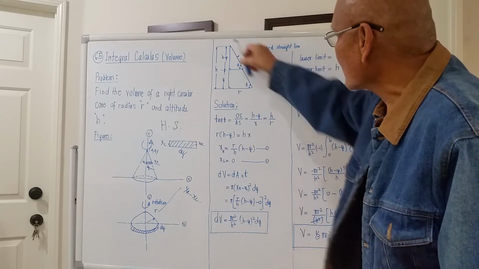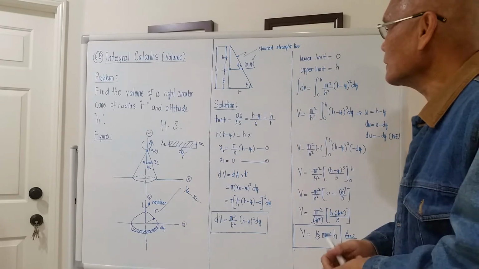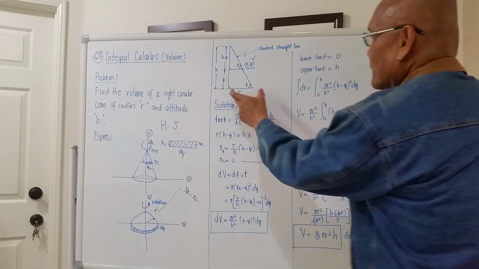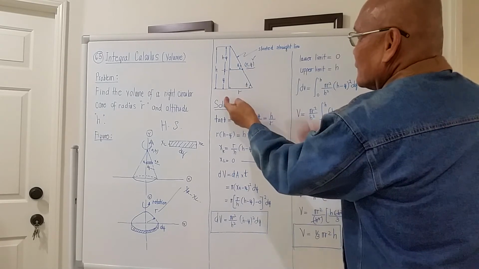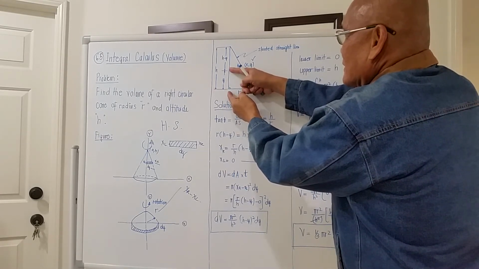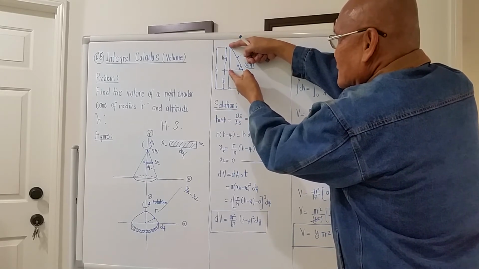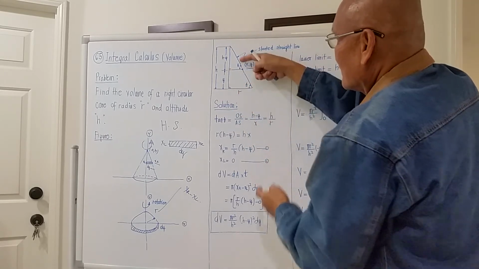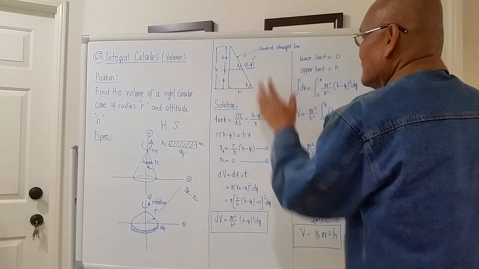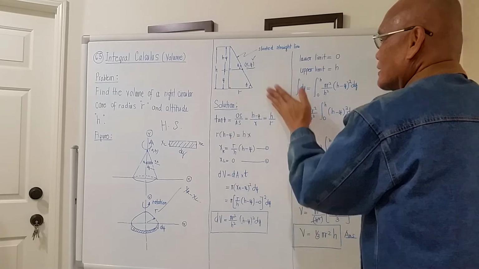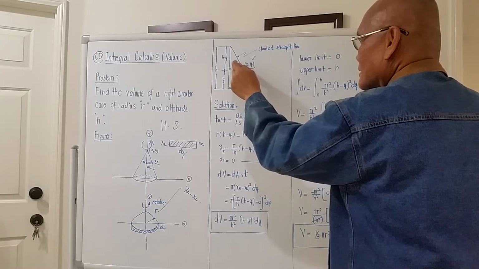This side of the cone is actually a slanted straight line, and there's an equation for that one. So this will be r now. This is x. This is y. This is h. So this one will be h minus y. This is theta, same angle. Horizontal, this is one straight line. So if this is angle theta, this angle is theta also.